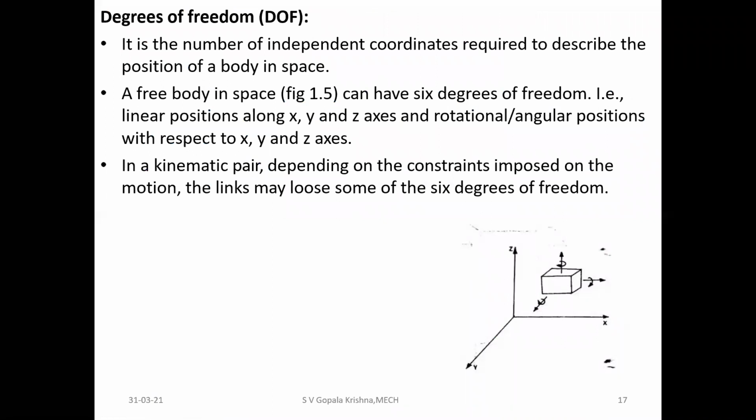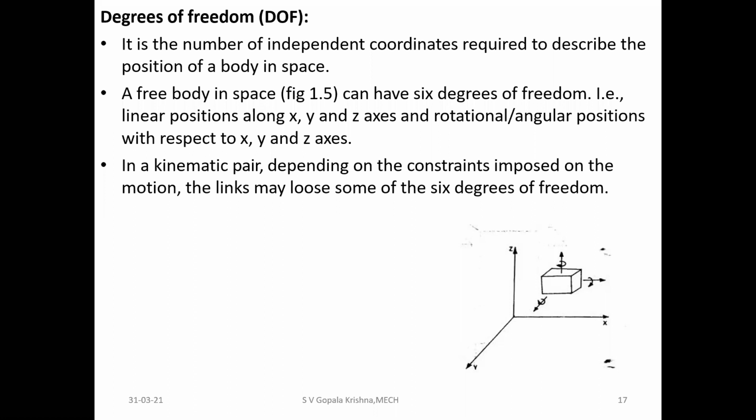Next topic is degrees of freedom. Simply said, it is defined as the number of independent relative motions of the body. Generally, any body in space has 6 degrees of freedom.